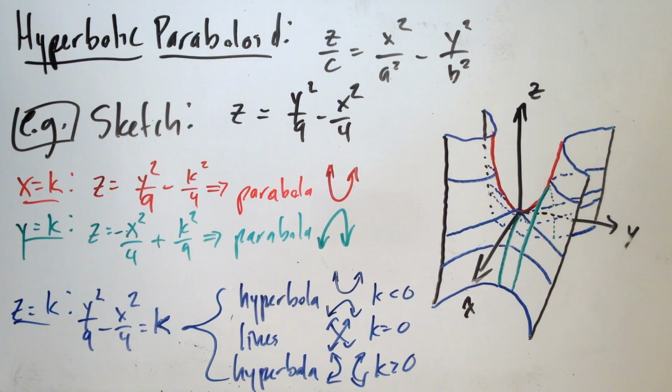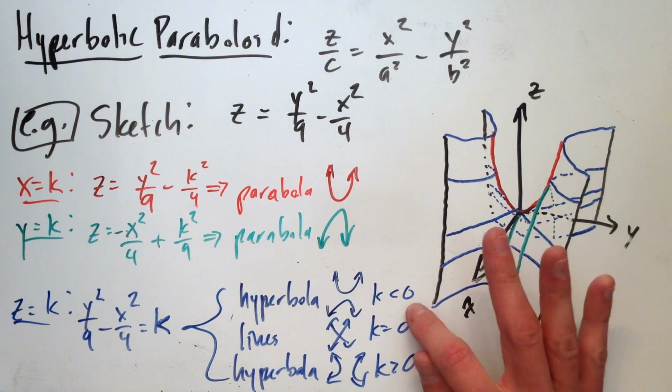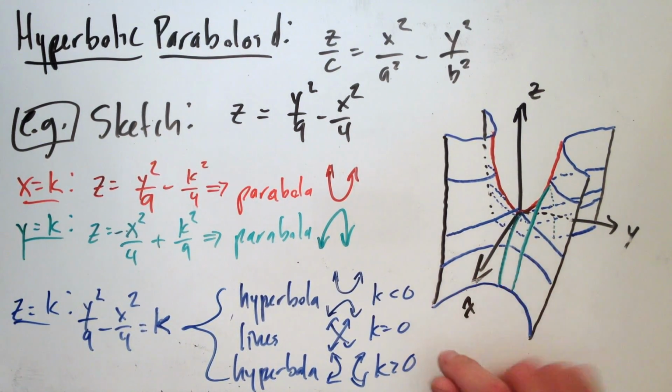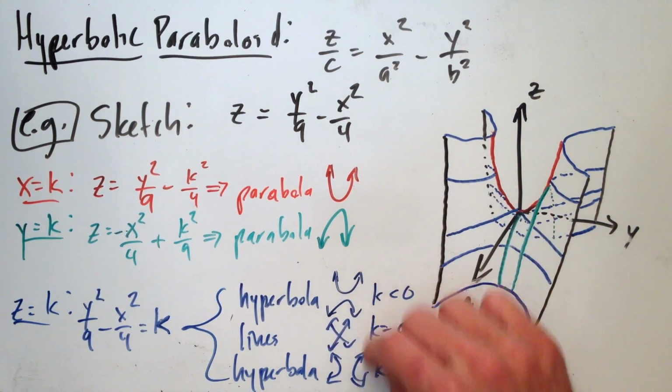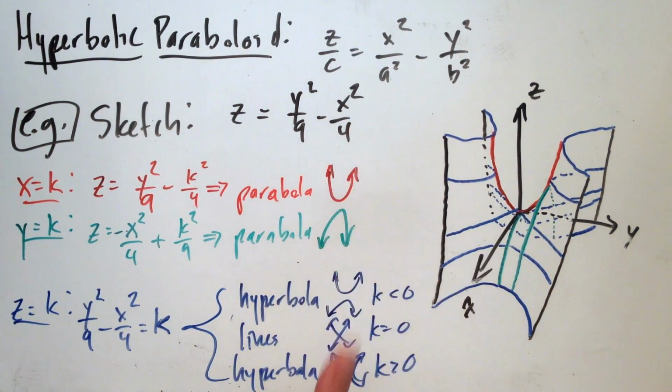And what happens in the horizontal direction, what happens as we cut up along z? Well, we get y squared over 9 minus x squared over 4 is equal to k. This gives us a hyperbola when k is non-zero. If k is less than 0, that is z is below the origin, then we get hyperbolas that open like this and this, imagining this is x and this is y.